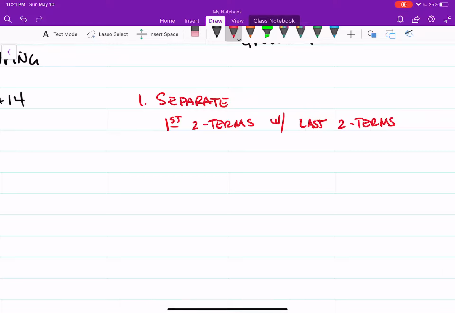Okay, the first 2 terms, we're going to call this the first group. And we're going to call this the second group.